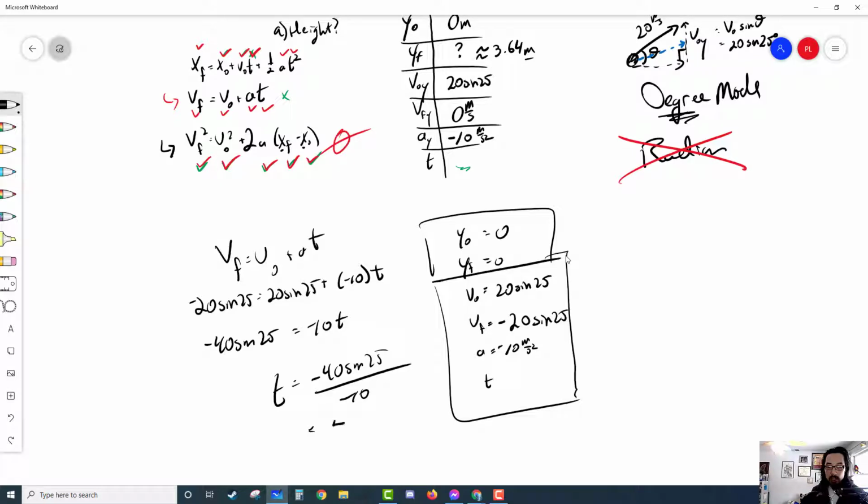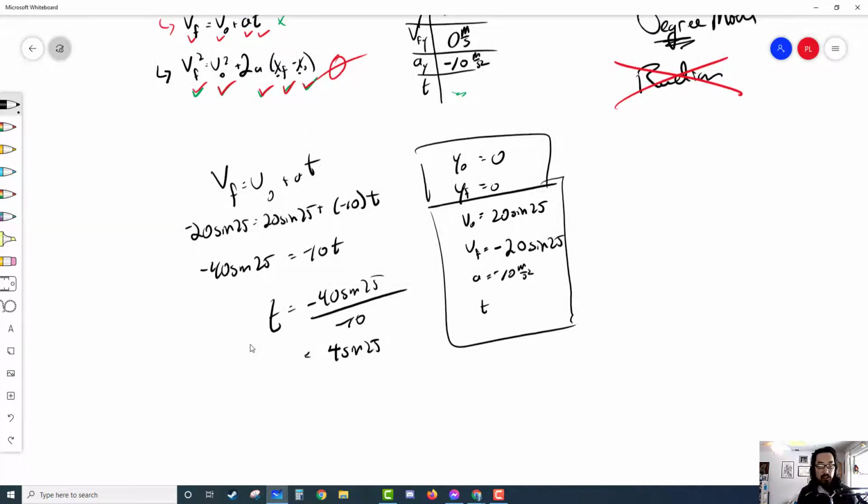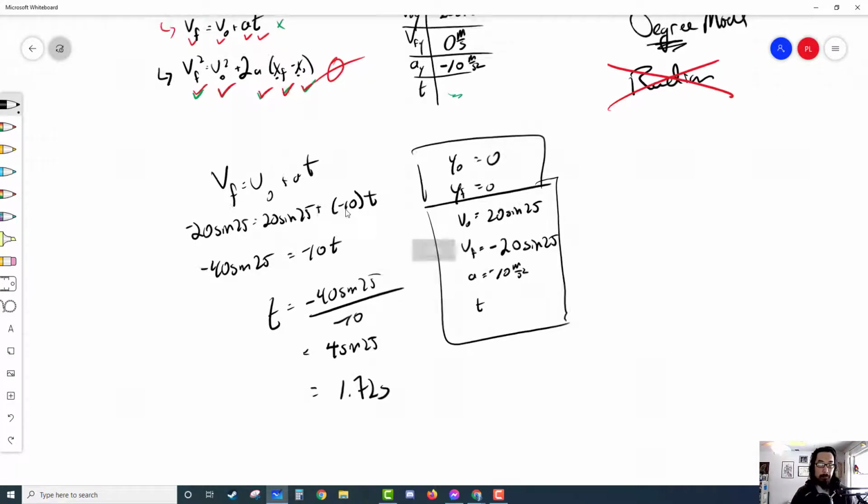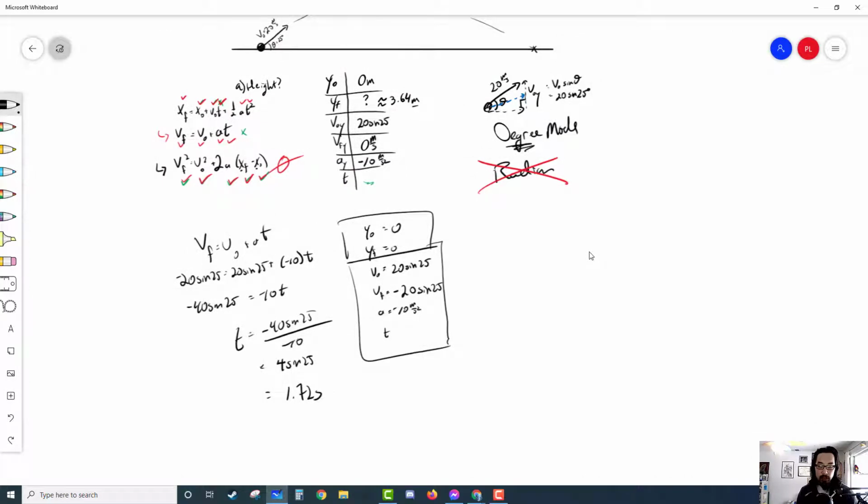So we get 4 sine of 25, whatever that is. And according to the answer key, that should be right around 1.72 seconds. They use 9.8, and so ours might be a little bit higher than that.